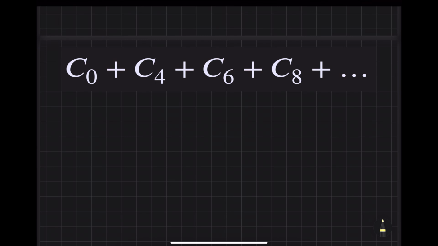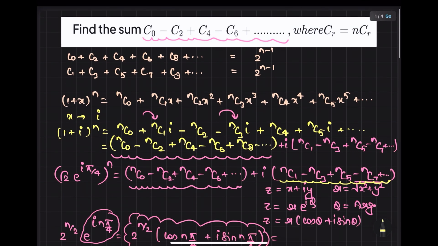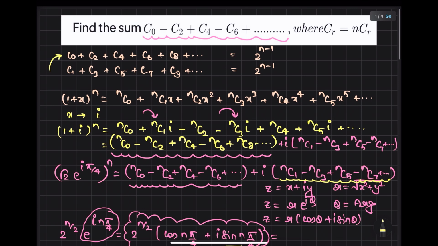So try to recall all even lower subscript: C0, C2, C4, C6, C8, C10 dot dot dot. Do you remember the answer for this thing? It was 2 power n minus 1. Correct or wrong? Look at this. This was the thing, right?